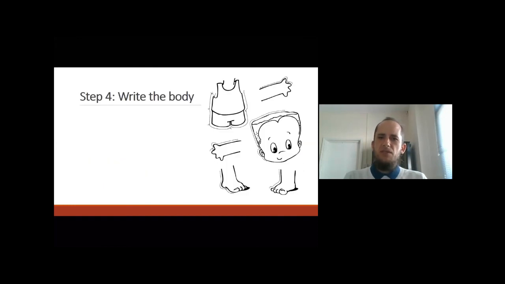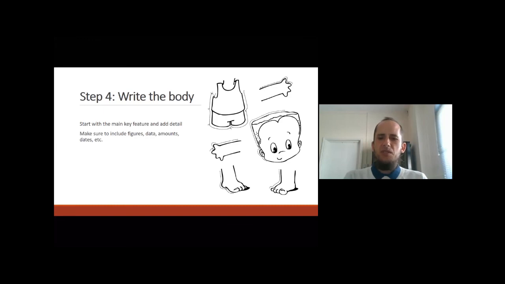Lastly, what we want to do is write the body. So again, we're just putting together the key features that we just had a look at in part 2. We've already picked out the key feature. Now we're just going to add the meat to it. And we want to include figures, amounts, data.